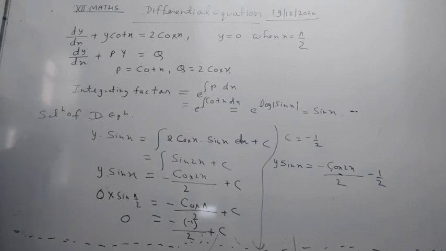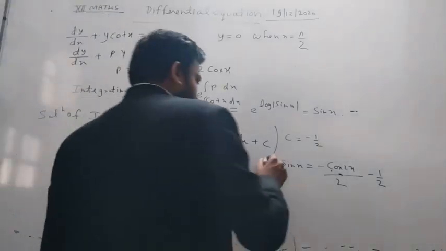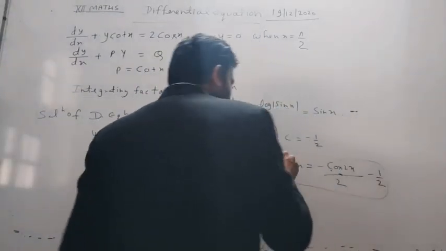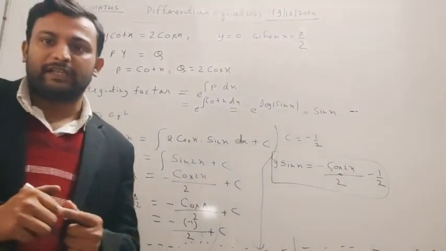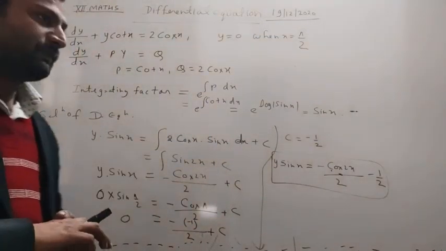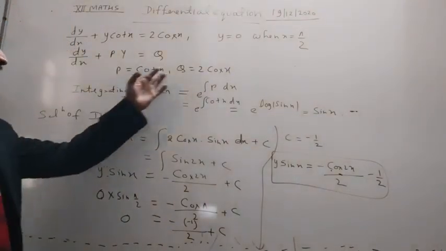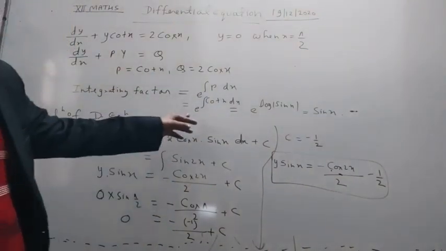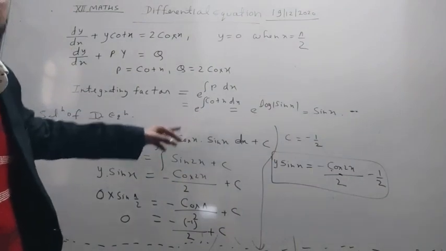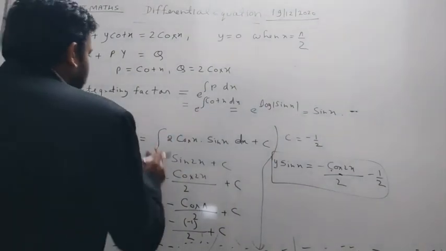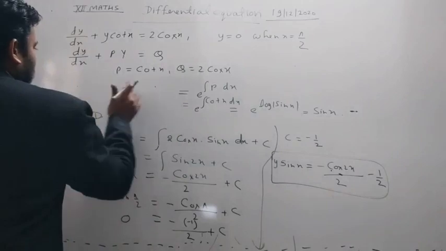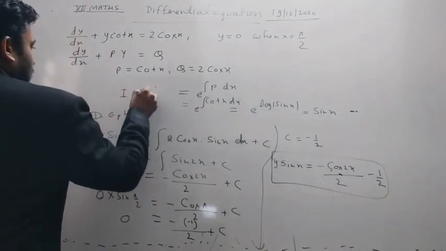Okay, student, so this is our solution. I hope you understand, student. This is the linear differential equation method. First we take p and q and find the integrating factor. This integrating factor you can also write as IF.